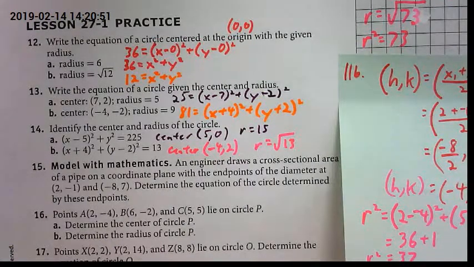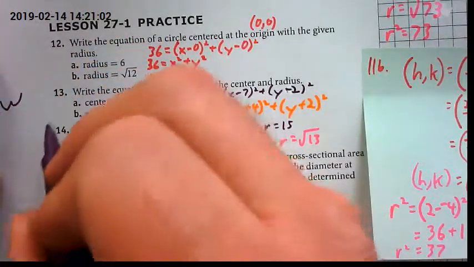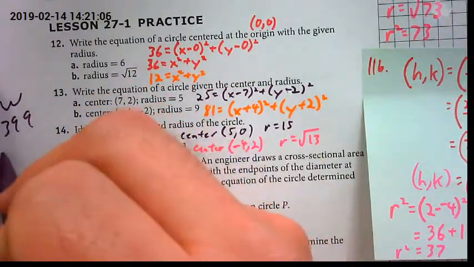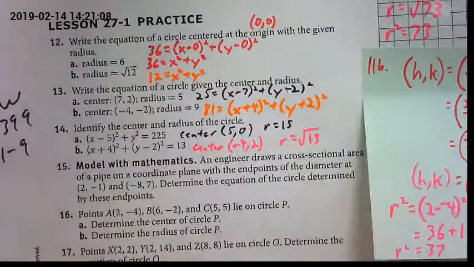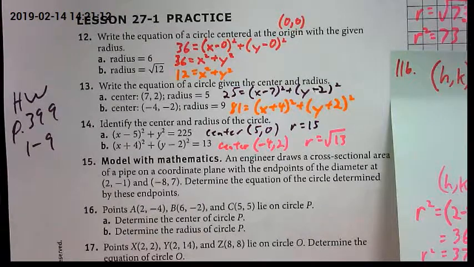All right. That's as much as I want to do with you guys today. So your homework tonight is page 399, 1 through 9. Now, again, some of them are going to be more challenging than others. Some of them are going to make you think.